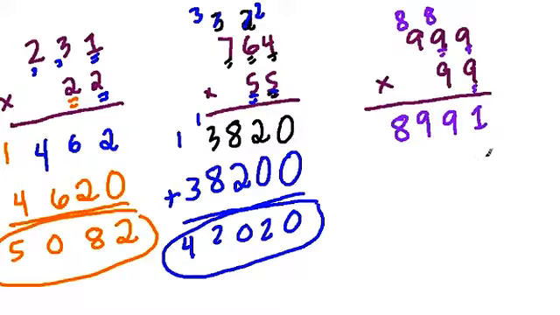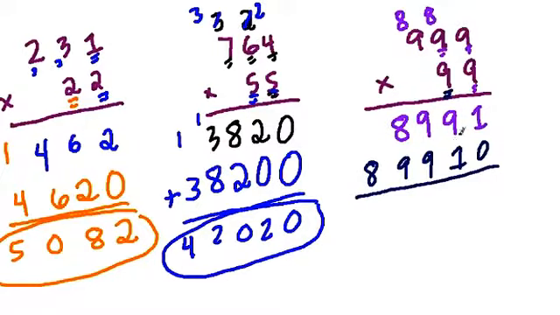And I'm going to make a jump here and say that next time I'll get the same thing but shifted over by a tens place. So the 1 goes to the tens place, the 9 tens goes to hundreds, 900s go to 9,000s, and 8,000s go to 80,000s.